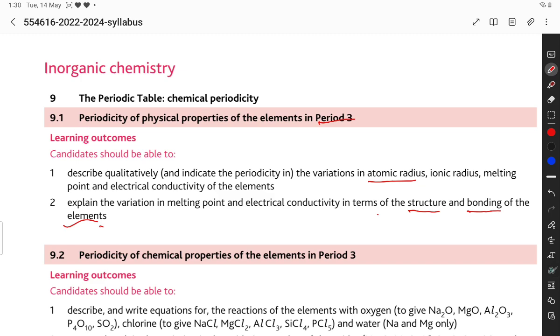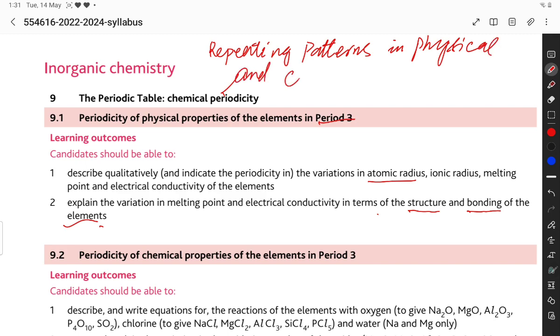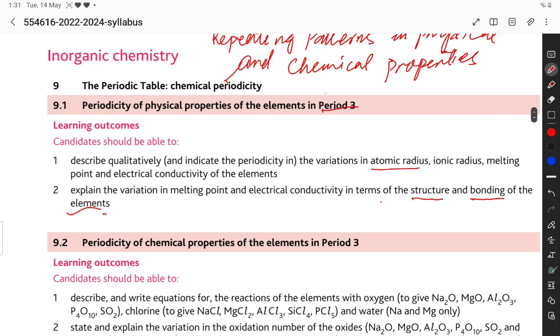You know that periodicity is a regular, repeating pattern in physical and chemical properties across the periods in the periodic table.